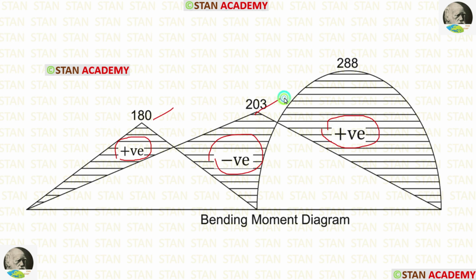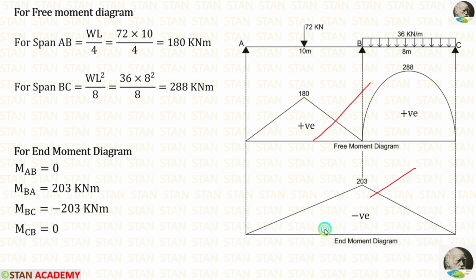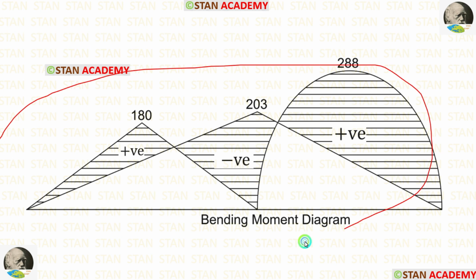Then we have to mark the values also. Wherever the free moment diagram and the end moment diagram are acting together, we are not marking anything, we just keep the space empty. If you are very experienced, no need to draw the free moment diagram and end moment diagram. You can directly draw the bending moment diagram and save a lot of time.